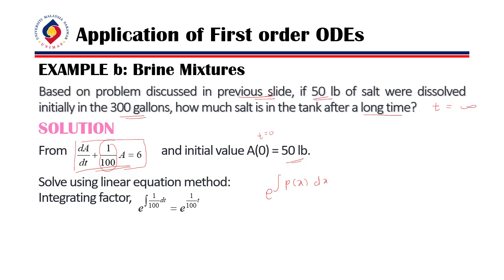So you integrate 1 over 100 dt, which is e to the 1 over 100 t. This is the integrating factor. Then we can solve it using the next step for the linear differential equation.